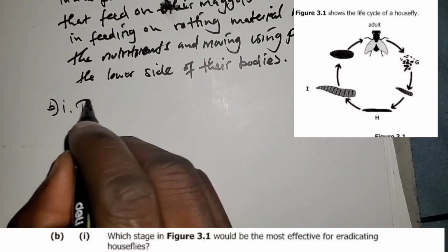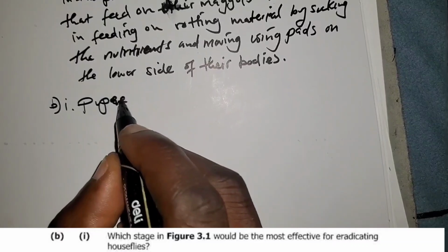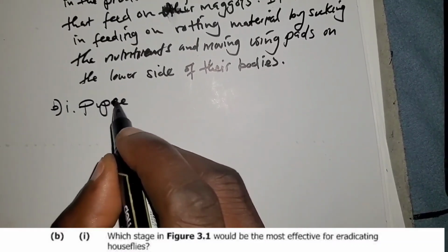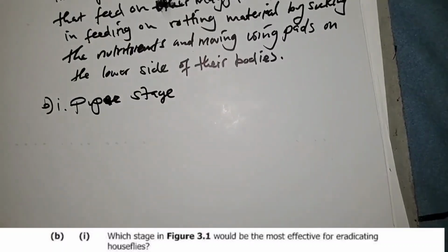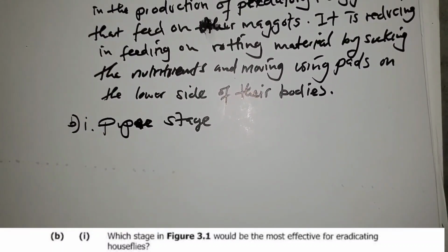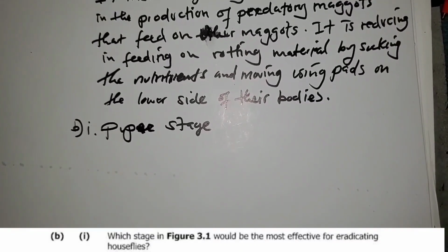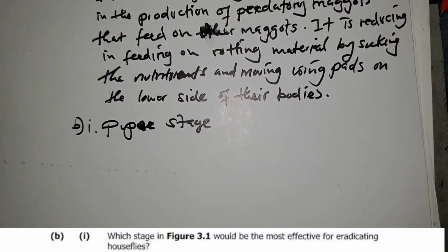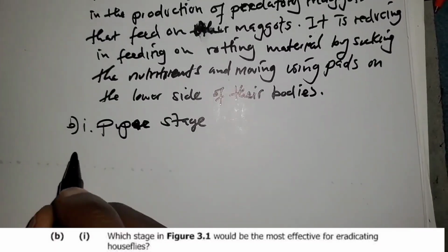So it is the pupa stage. Why the pupa stage? Because it's not moving, so you can just spray insecticides. Okay, at this stage it is not moving. All right, question B2.